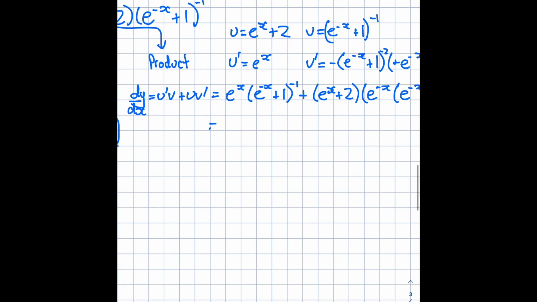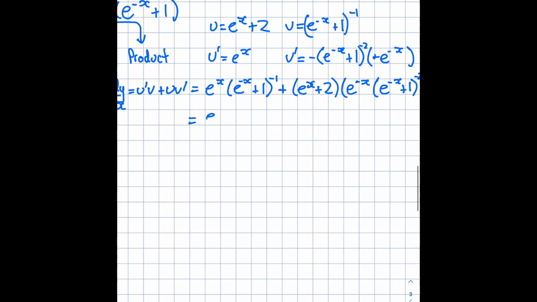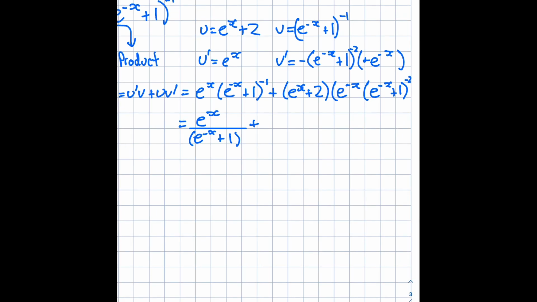All right, so then let's clean this up. This here is e to the x over e to the negative x plus 1. So that's this term here. The power there takes it that way. And then plus, we've got here e to... actually, no. That's e to the negative x, so that goes on the bottom.